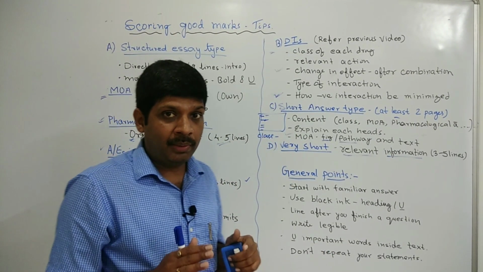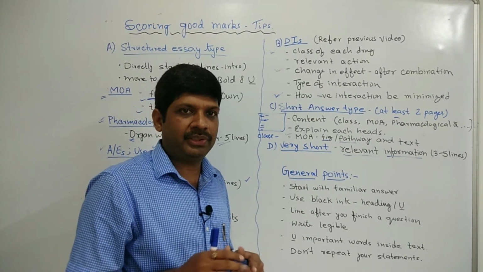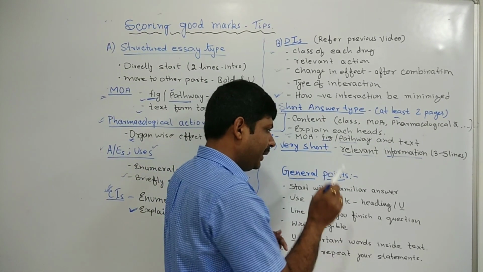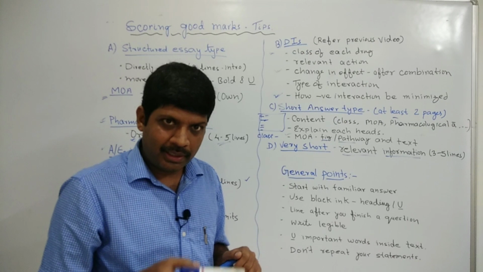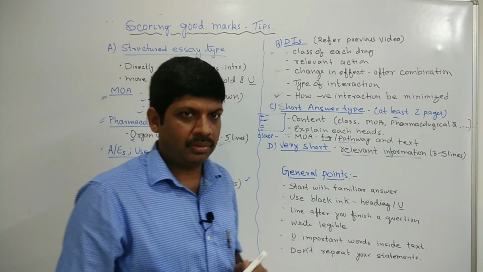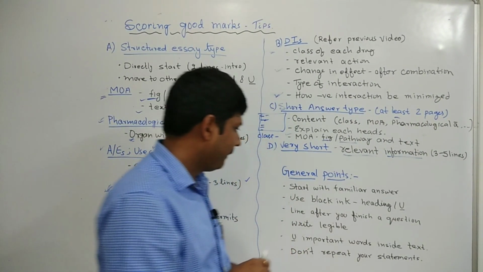These are very important points which students usually ignore, but they make a good impression in the exam. Use black ink for headings as well as for underlining. Don't use a red pen or green ink. Use black ink.